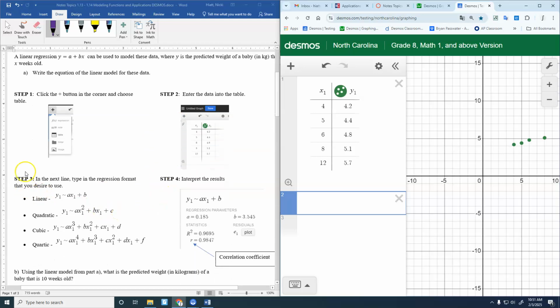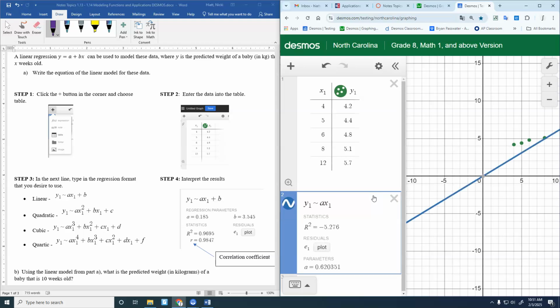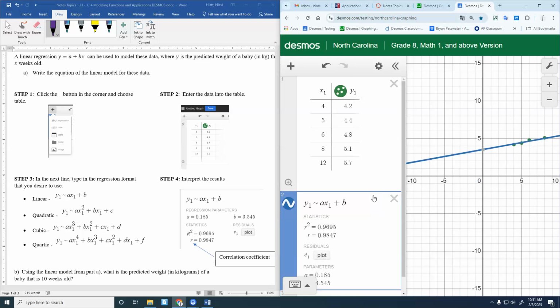Since we do not have that regression part there, then we have to know the form of linear, quadratic, cubic, quartic. For linear, which is what they've asked us for here, it's just y1 squiggle ax1 plus b. You're just going to type a y and a 1 right after it, and it'll automatically go to the subscript.